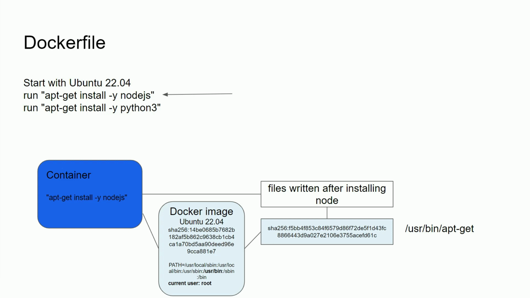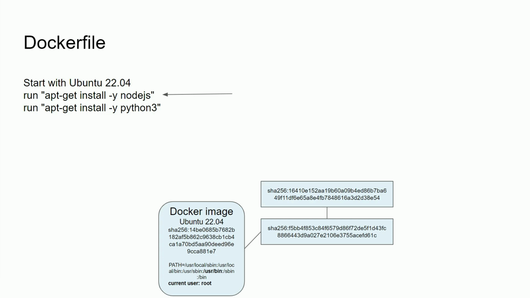And as always, the apt-get command has no idea it's running in a container. It just does everything it usually does, thinking it has a file system all to itself. Once the command completes successfully, which means it has an exit code of 0, Docker takes everything in the write layer and freezes it into a new layer.